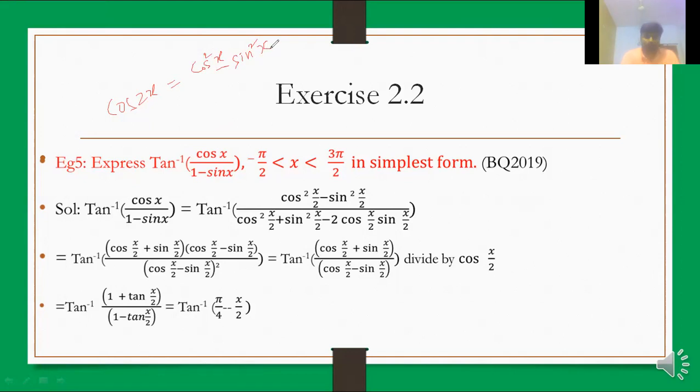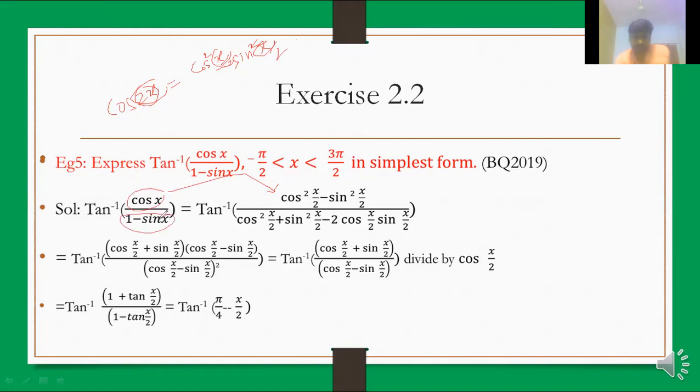Now what about the cos x formula? Here we have 2x, so half of it is x. If you have x here, then x by 2 here, correct or not? See, the cos x formula can be written as cos square x by 2 minus sin square x by 2. Clear? Now after that, 1 minus sin x.